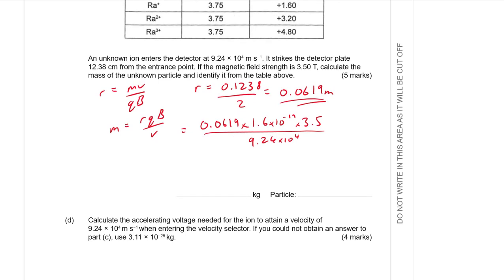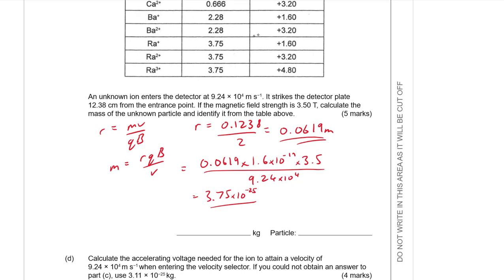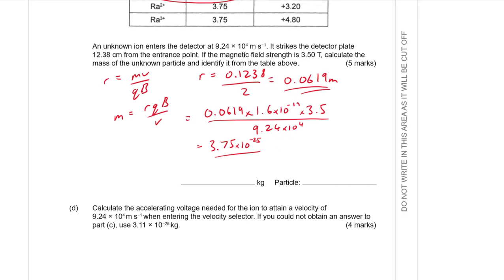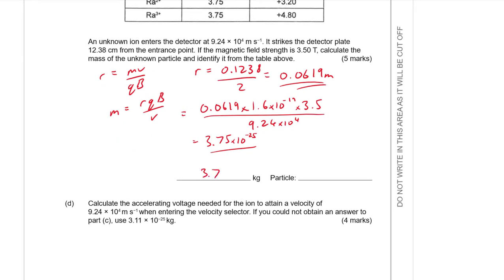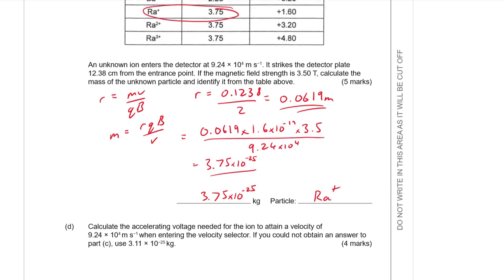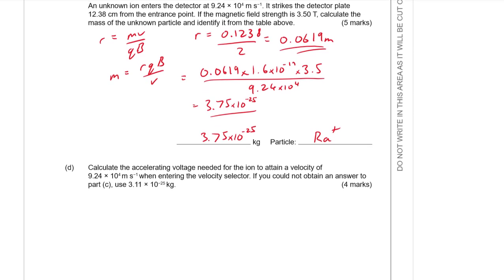If I put that in my calculator, I've got 3.75 times 10 to the negative 25. So I actually have a hit here of 3.75 using that charge value. That's 3.75 times 10 to the negative 25, and therefore the particle is going to be radium positive.